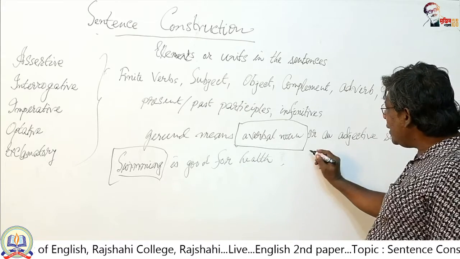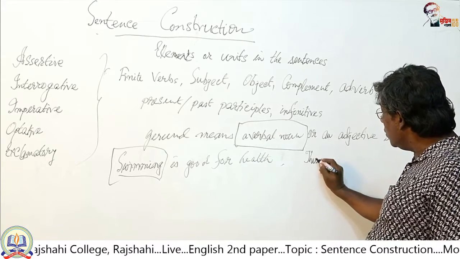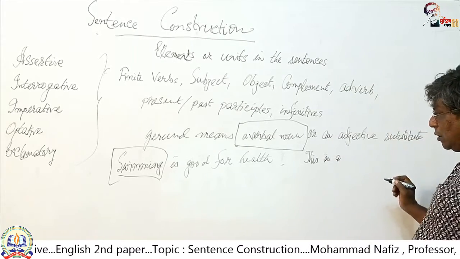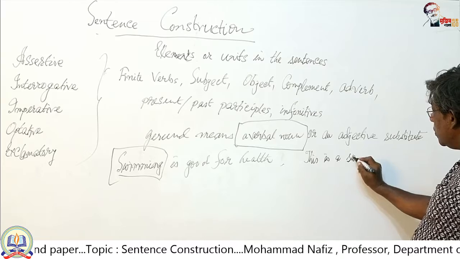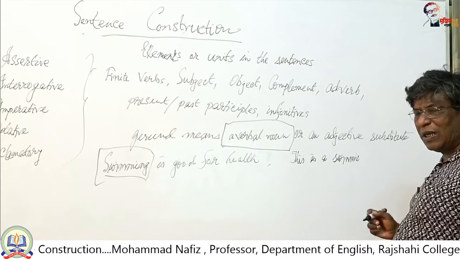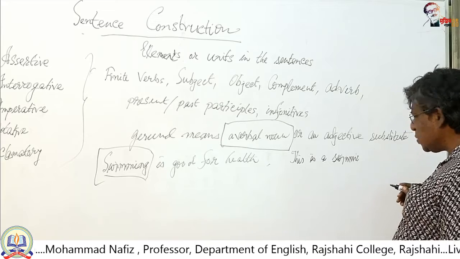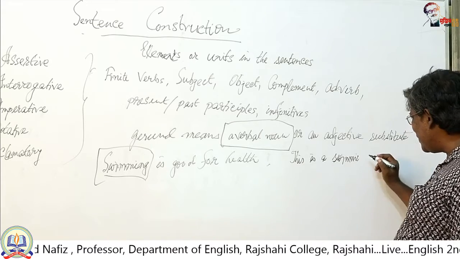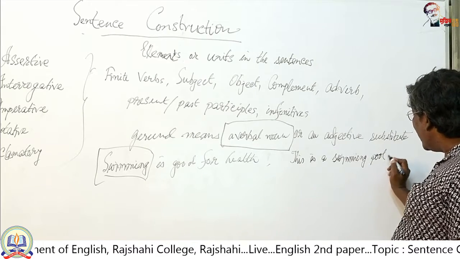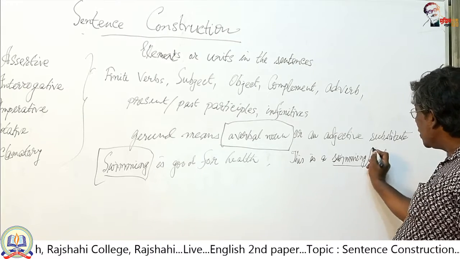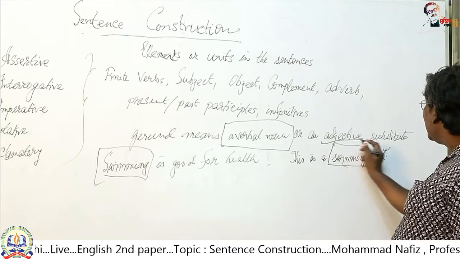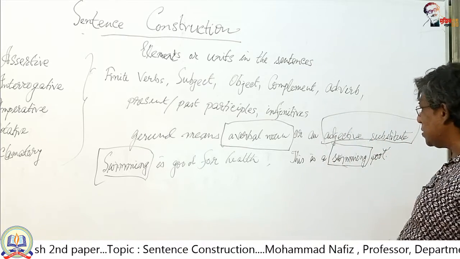Again, this is a swimming pool. Once again, the basic verb swim is used with an additional ing in the sentence. Here, swimming is modifying the head word or noun pool. Therefore, this is an adjective substitute.